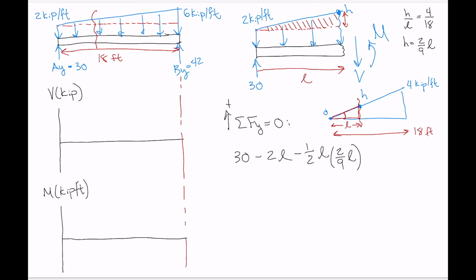Okay, and then what do we have for forces in the y direction remaining? So we've just got our internal shear force V, and that's in the negative direction, minus V equals 0.